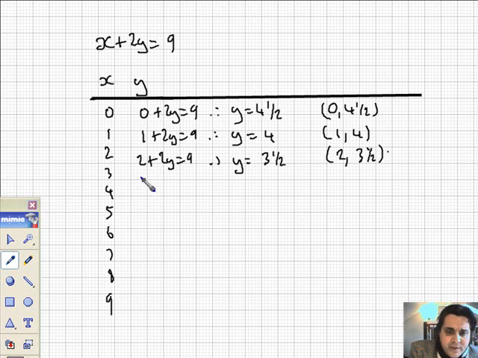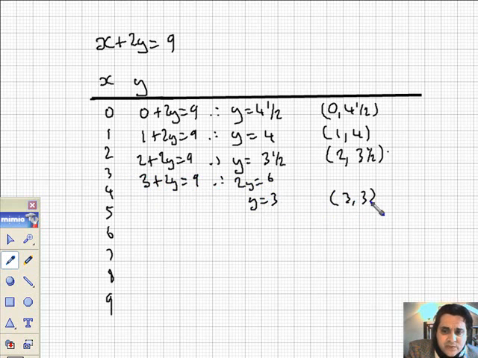Just do one more with 3. So I'll put x equals 3, so 3 plus 2y equals 9. So 9 take away 3, I've got 2y equals 6. We'll just show you that one. So y equals 3. I've created the point 3, 3, and I'll just keep going like that, and I can just plot the line. So that's as far as I want to do with question 6.